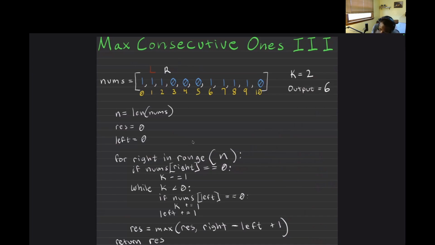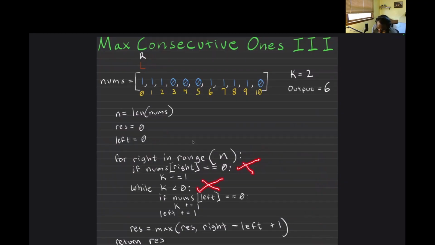So essentially we have this left that starts at 0, and right will also start at 0 in this loop. So let's go ahead and get inside of our logic here. Is nums of right equal to 0? It's not, right? So this also doesn't hit.